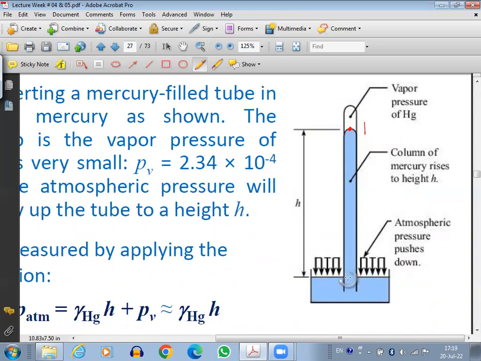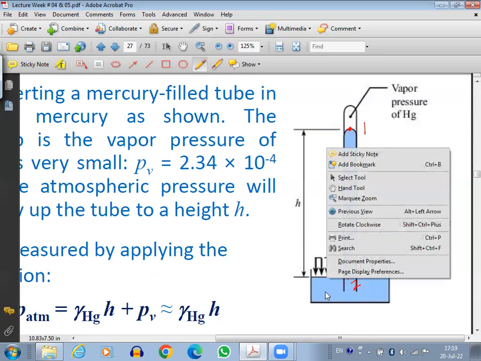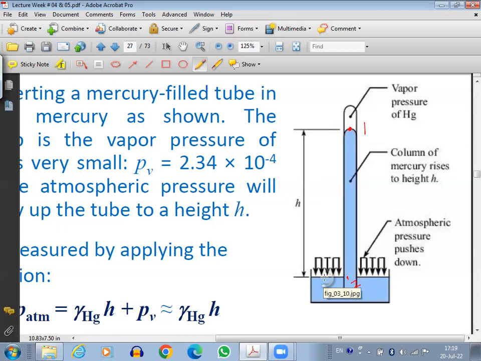Then this is the point I will call 2. And this is the point I will call 3. I know that at 3 it is the atmospheric pressure.